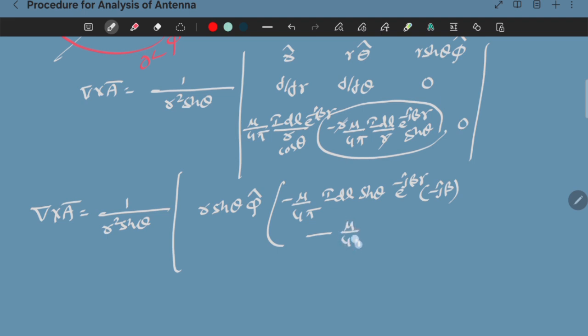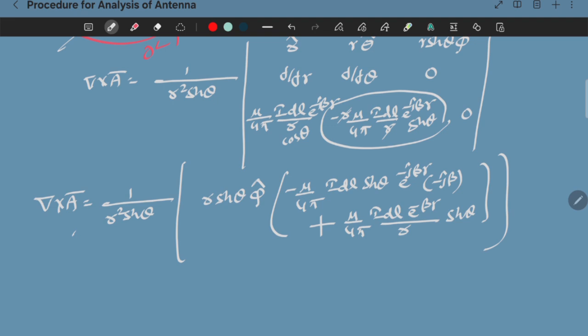So μ/4π · Idl · e^(-jβr) cosθ, differentiation with respect to theta is minus sinθ. Then it is equal to this, and this will be cancelled. Here only 1/r is there.